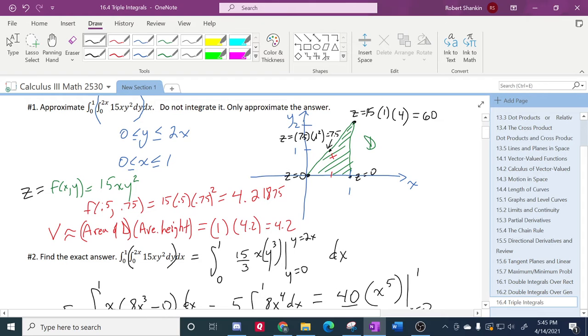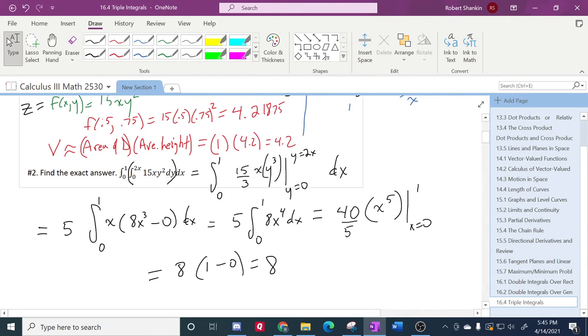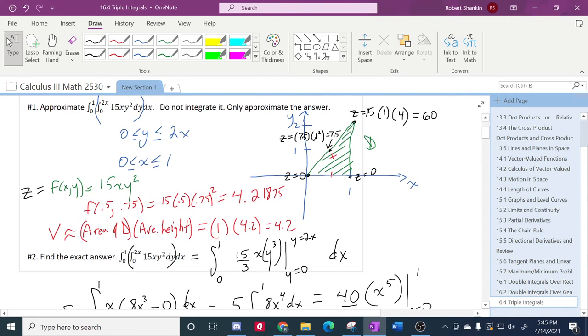So it's 7.5 right up here, and 60 up here, and then down below we found it to be 4.28 over here. So the area was 1, but the average height might have been even a little above there, somewhere 8 instead of 7.5, because this is going up so high. And that seems reasonable to me.